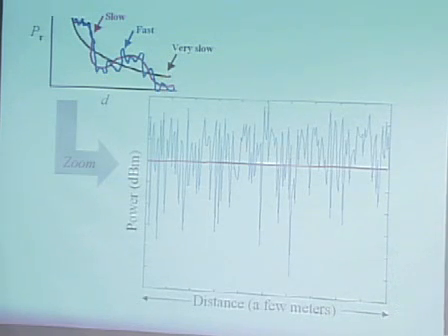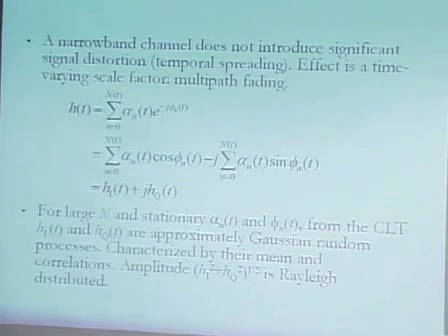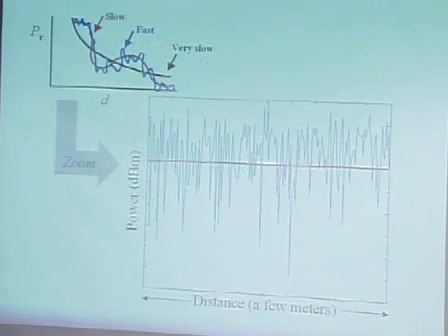Then on top of that, we had the shadow fading, which is shown in red, which is random, so it can go up and down, and it's slower. And then on top of that, we have now this multipath fading shown in blue, which is this H coefficient. That's the multipath fading, which is much faster even. So this is going to change on the order of centimeters. Shadow fading changes on the order of meters, tens of meters. Now we have something that changes on the order of centimeters.